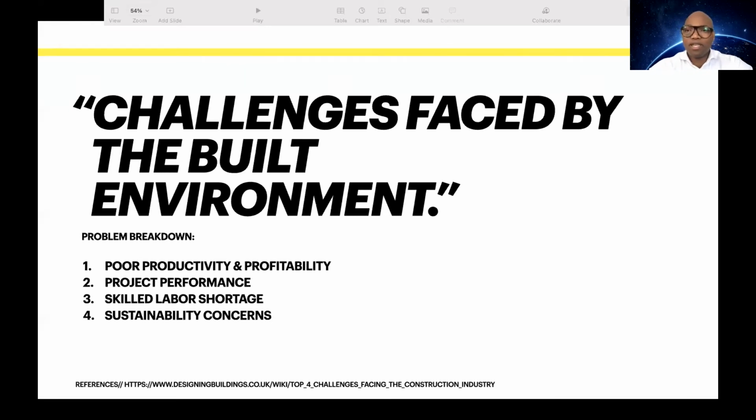One of the speakers had spoken about it very briefly, that we are unable to build, yet we have great weather. This is telling of some of the issues that we have in the construction industry, and the margins as well. They're very low.